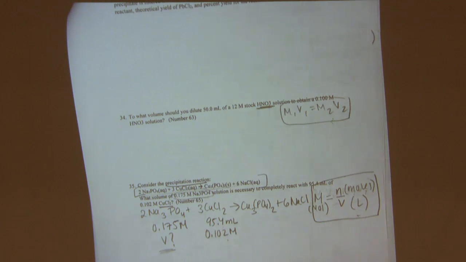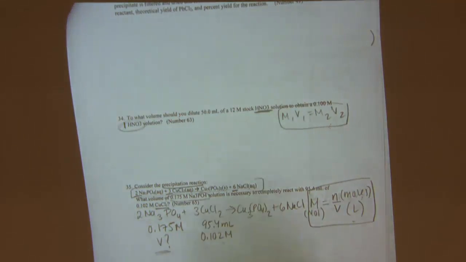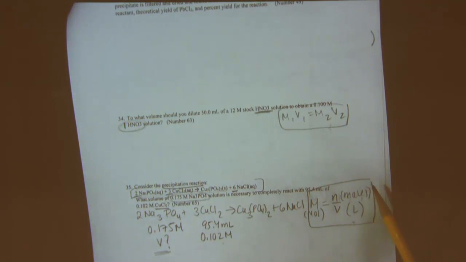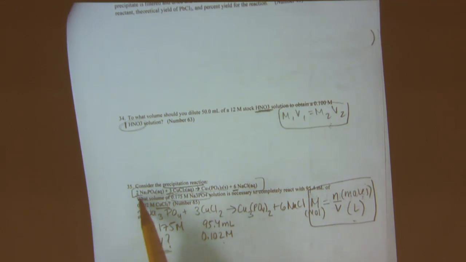But if you really want to understand the reason, they have different amounts of moles. Here you see 2 moles of this, 3 moles of this, 1 mole of that, 6 moles of that. Here you're just dealing with one solution and 1 mole of it. This is a very straightforward equation, right? If you plug that in here, you're basically telling me all of this is 1, simplifying it down to something that's not as simple as it actually is.